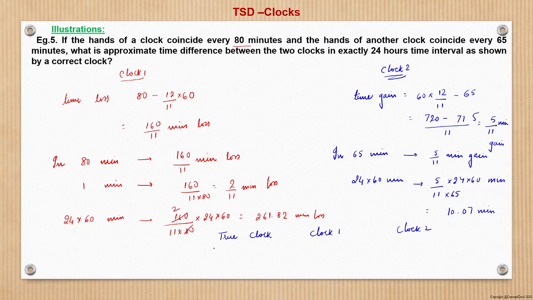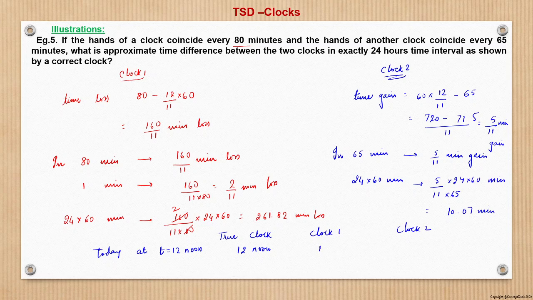Suppose at time t is equal to 0, that is 12 noon today, the true clock will show 12 noon, right?